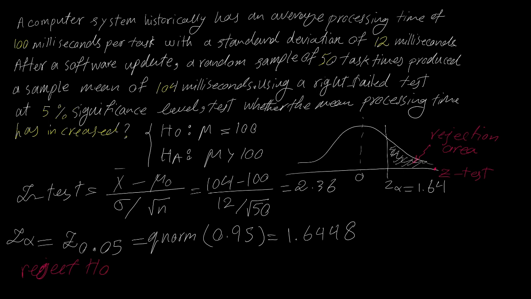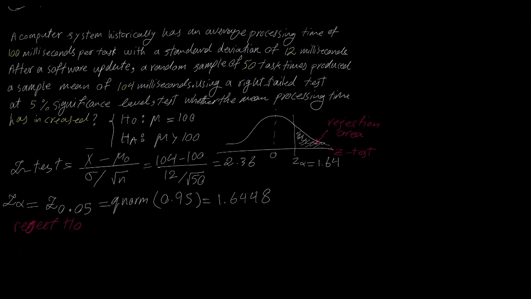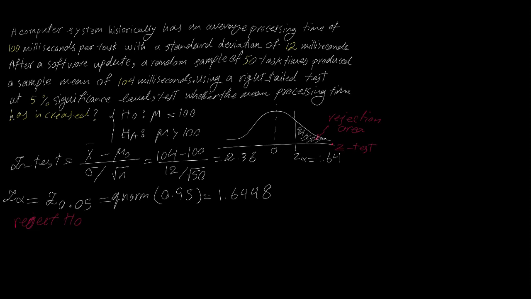Another approach to solve the problem after finding the z-test is to find the p-value. When we want to find the p-value, what do we need to do? After finding the z-test, now I don't need z of alpha. I have the test statistic here, and now I'm computing the probability of all variables greater than the z-test.